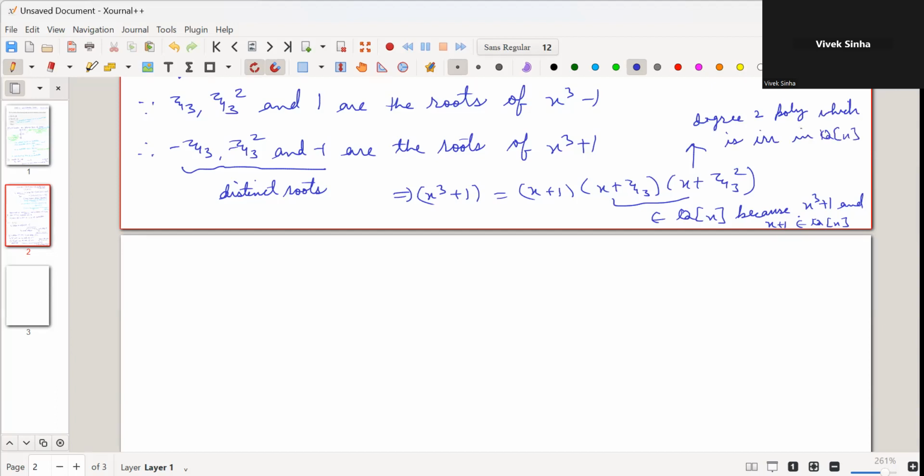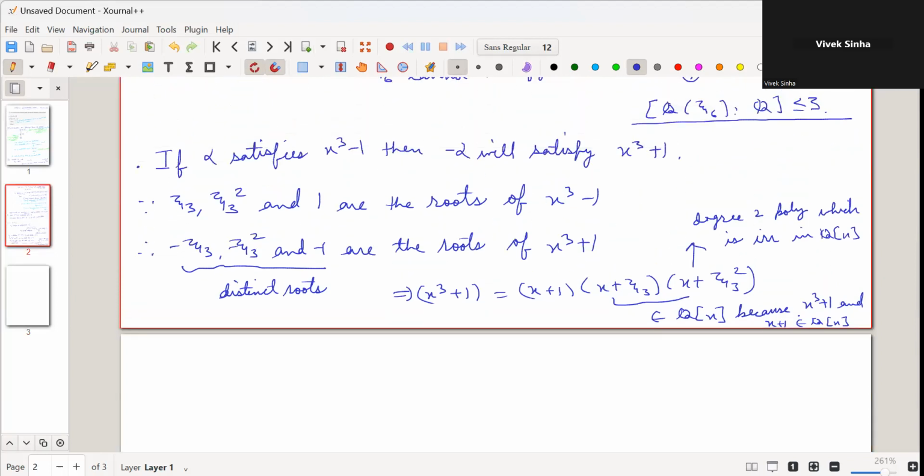Because it has both roots outside Q, so it has to be irreducible in Q, and thus from here we get that the degree of Q(xi 6) over Q is 2, right? Because xi 6 satisfies this polynomial. This is an irreducible polynomial in Q[x] of degree 2. That's why the degree of the field extension Q(xi 6) over Q has to be 2.